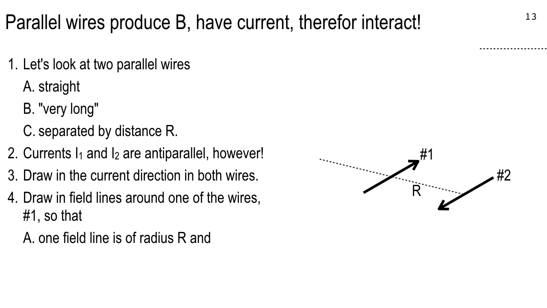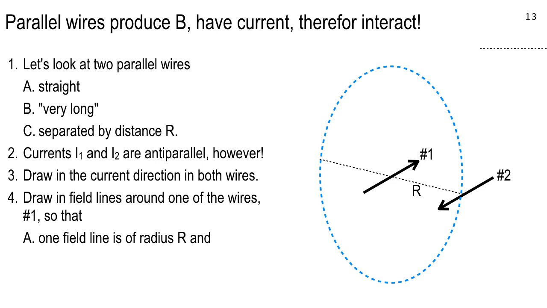It took about 20 minutes to get this ellipse correct. There it is. Now, that's the field line. It's the blue magnetic field line from wire number 1. The field lines around a long straight wire are circular, and the center of it is the wire itself, or the arrow that I have to represent the current.